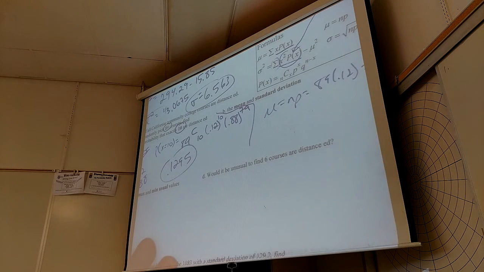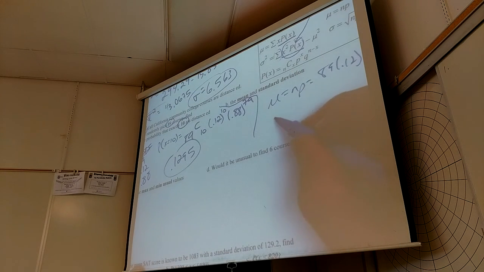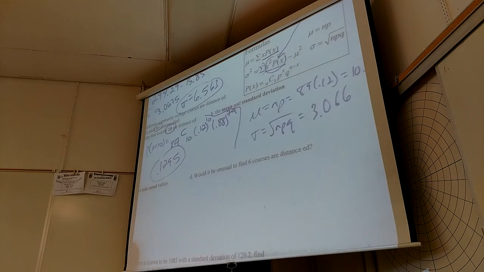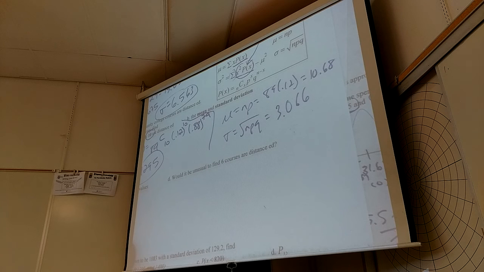If we pick 89, we expect almost 11 of them to be distance ed. And the standard deviation would be the square root of NPQ, square root of all that business. What do you guys get? You should get 3.066. I like it.